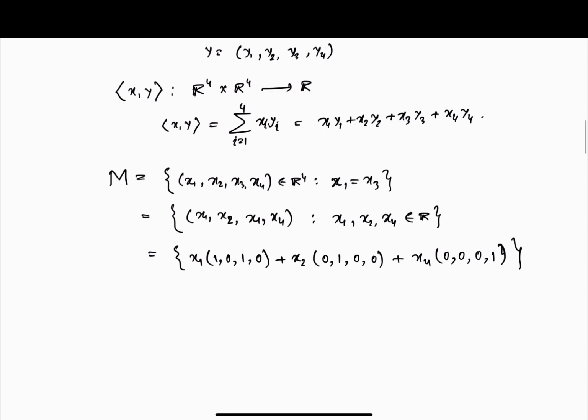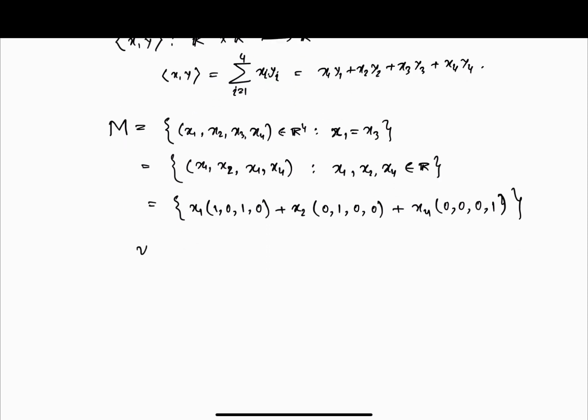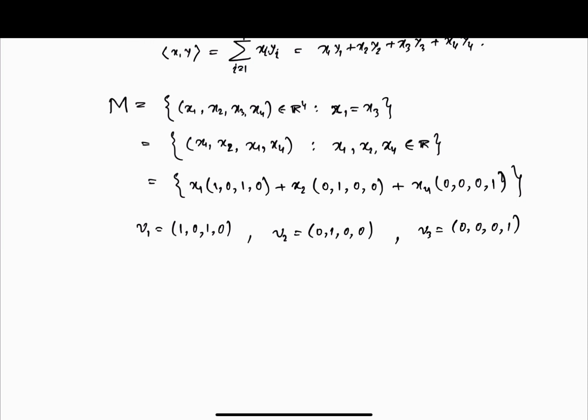Let us call v1 equal to 1 0 1 0, v2 equal to 0 1 0 0, and v3 equal to 0 0 0 1. It is easy to check that v1, v2, v3 are linearly independent.